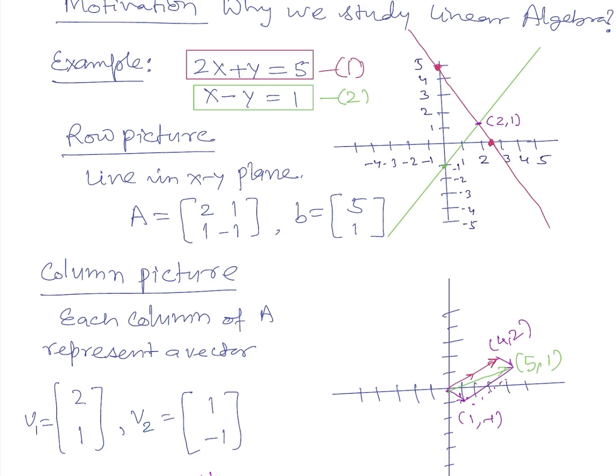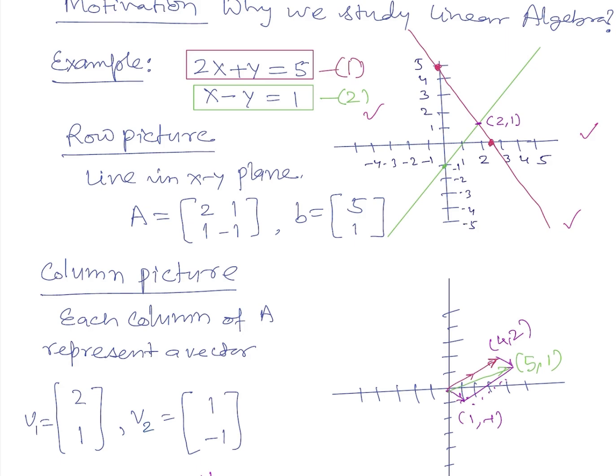I'm going to discuss a 2 by 2 system. So if you see here, 2x plus y equal to 5, equation number 1, and x minus y equal to 1, second equation. Okay. Now if you see, these are the two equations plotted in the xy plane in different colors. The green one is the line for equation 2, and the red one is the line for equation 1, right?